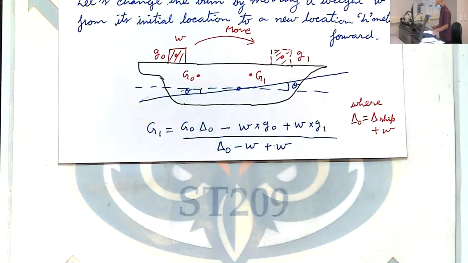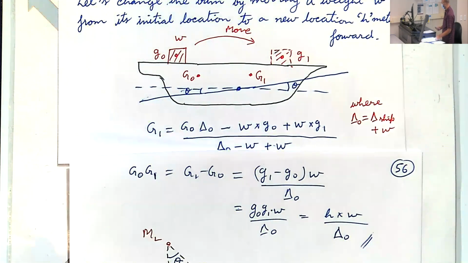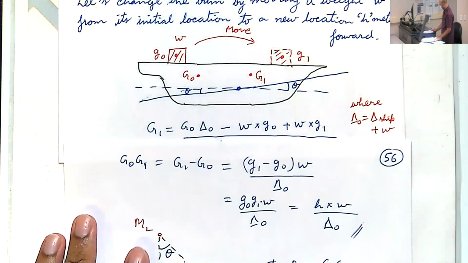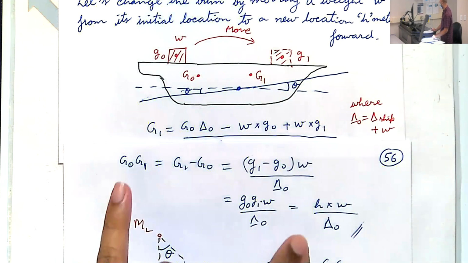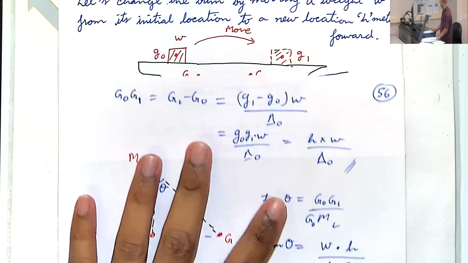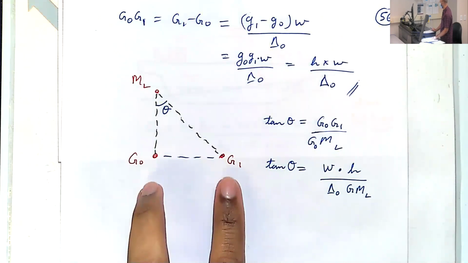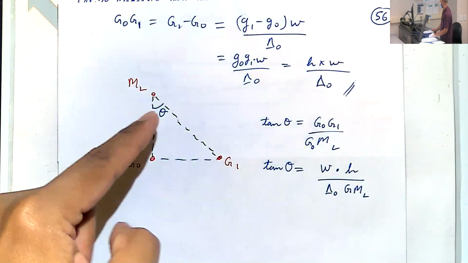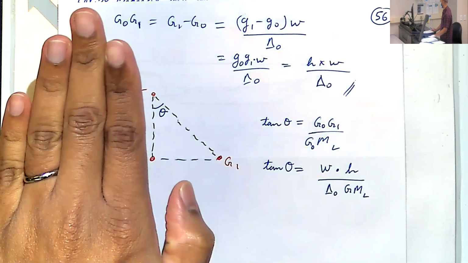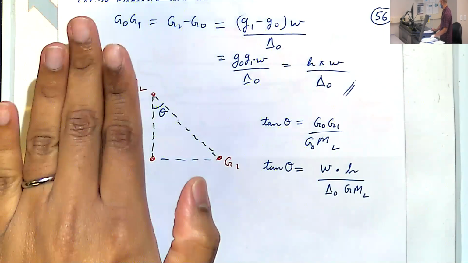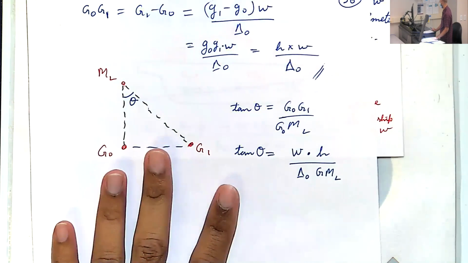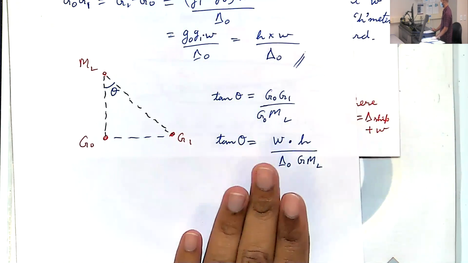Once we compute it, we get the distance between G0 and G1, and we can relate that to the trim angle, the angle by which the nose would either go up or down. That's where we stopped.